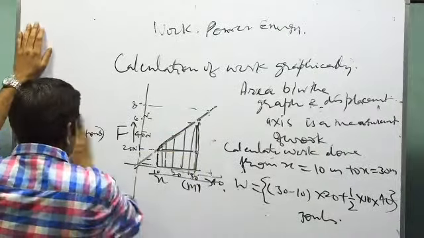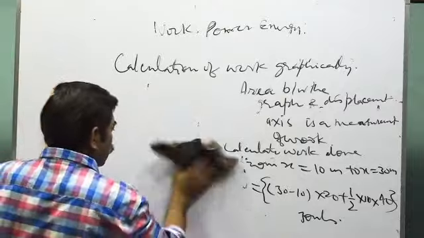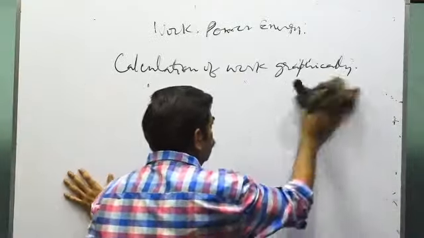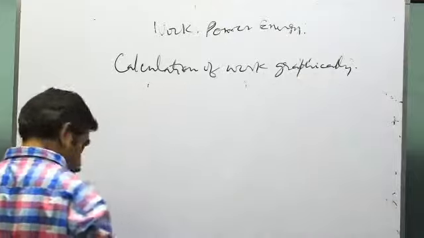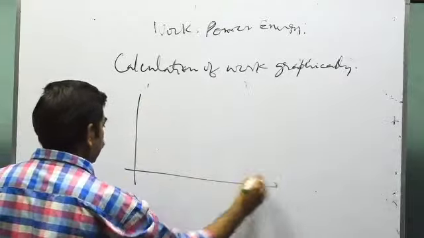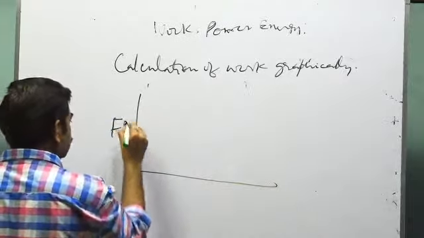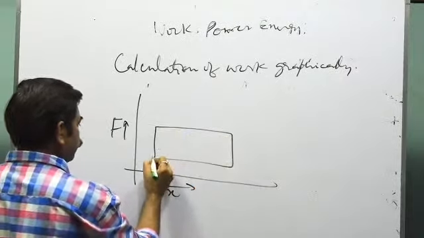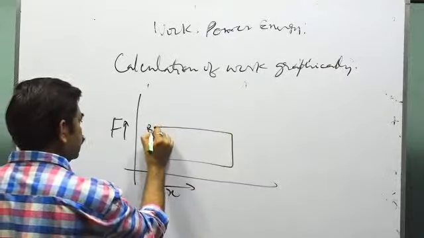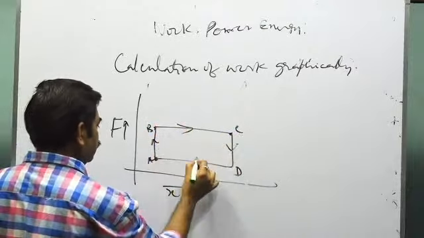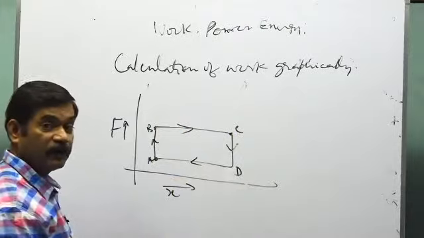Now see. Now you'll see this. Suppose the graph is a closed path. Closed path means what? The point from where we start, we end at that point only. There's a force, there's a displacement. And the graph is like this, see. We start from the point A, B, C, D, means this is the graph, A, B, C, D. Right, this is the graph.